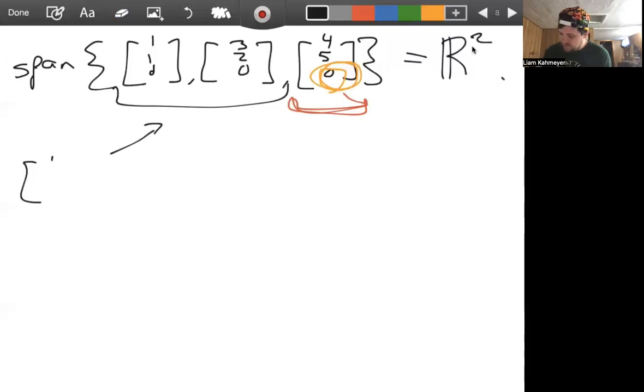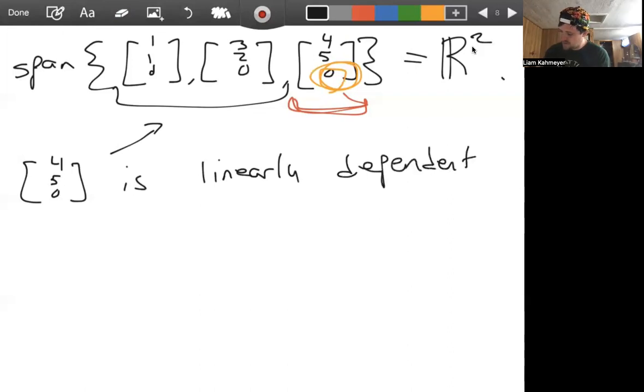Here, 4, 5, 0 is linearly dependent. Or, more commonly, you would say this collection of vectors is linearly dependent.